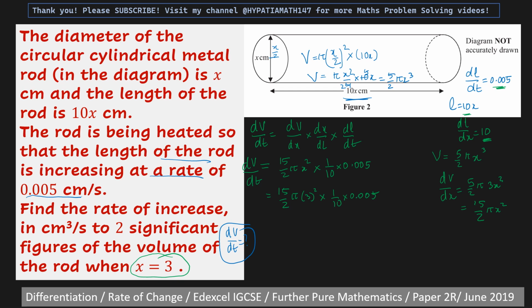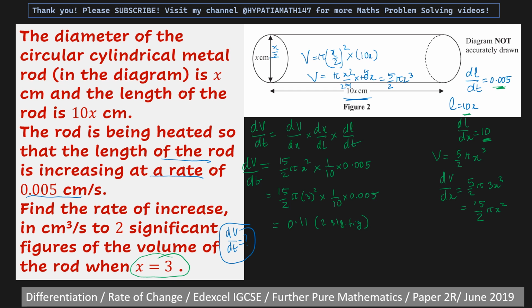So now I use my calculator. I take pi as 3.14, or whatever the pi button says. So 15 times 3.14 multiplied by 9 multiplied by 0.005, and then I need to divide it by 20, so that gives me 0.1122, to two significant figures.